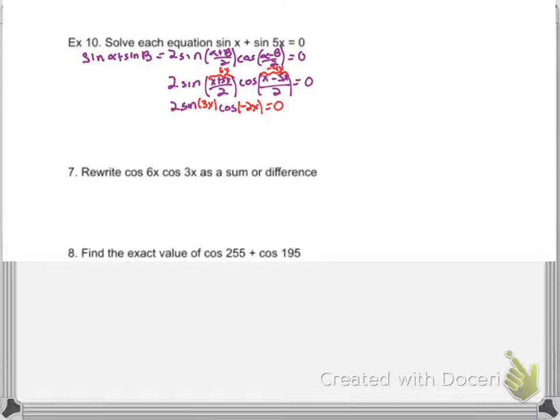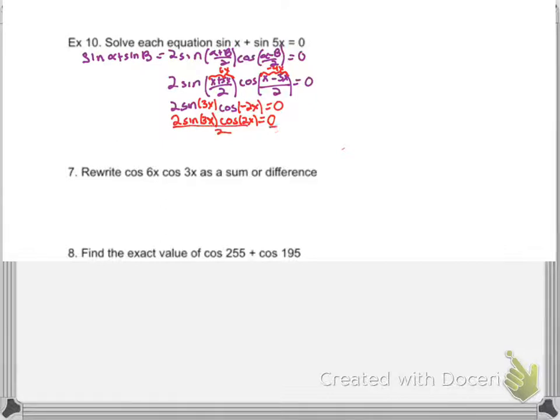Okay, the next thing I have to notice here is that cosine is even. So cosine is even, so I can rewrite this as 2 sine of 3x. Remember, that means that the negative dissolves. It goes to cosine of just 2x equals 0. I can break these apart, or I can divide by 2.